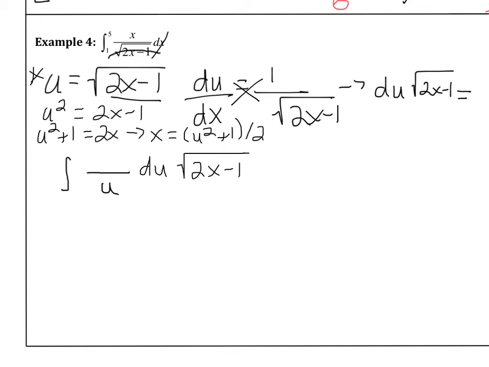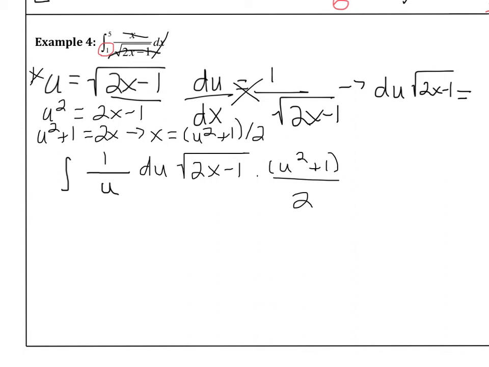Because x is equal to this fraction, just so that I don't get my integral all confused, I will write that over here: u squared plus 1 over 2. By writing that expression, I've taken care of the x, and so I'll just put a 1 up here. Before I forget, I am going to change my limits of integration from x values to u values.